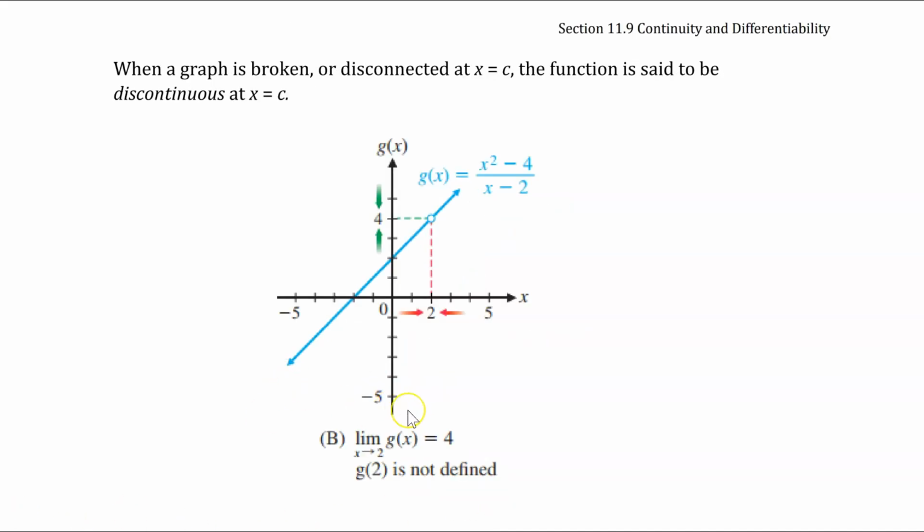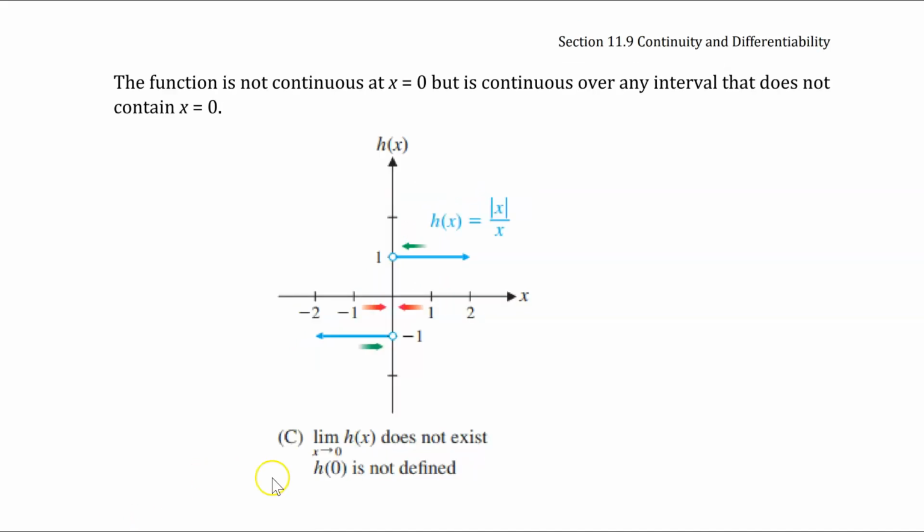Now we see from this example that if one of those three conditions is not satisfied, then the function is discontinuous at that point. Say for instance at x equals 2, this function here is discontinuous because the function is not defined at x equals 2. And also, if the limit does not exist at that point, then the function is discontinuous at that point.